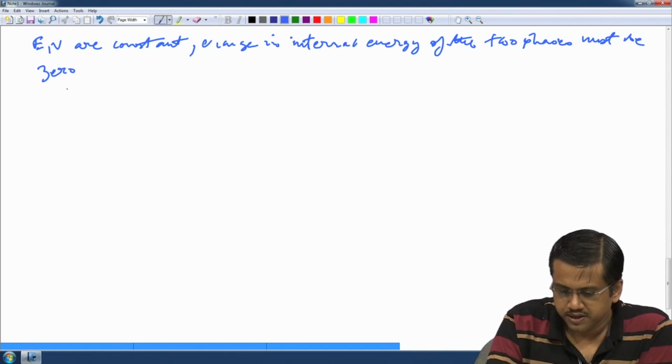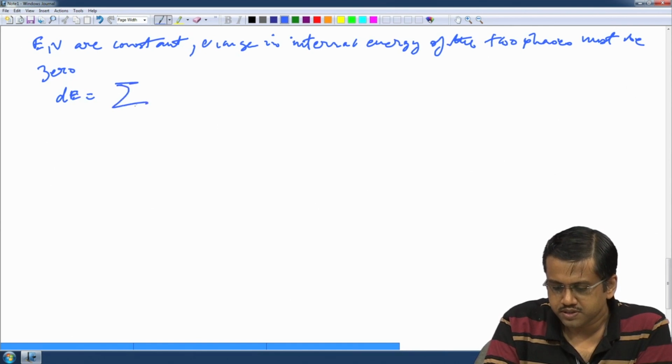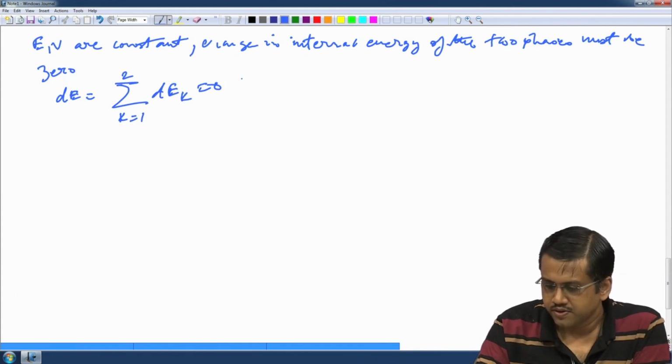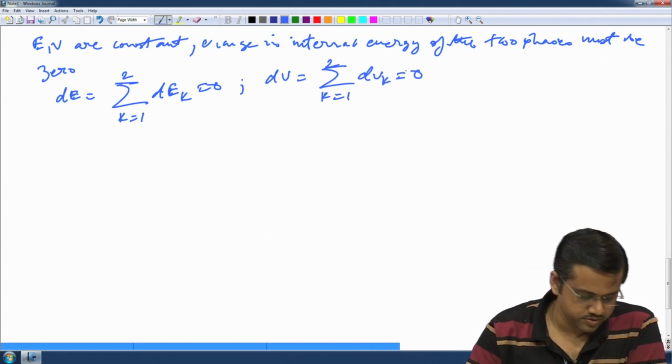That would mean that dE, the sum over k from 1 to 2 of dE_k, is equal to 0. Also dV, the sum over k equal to 1 to 2 of dV_k, is also equal to 0.